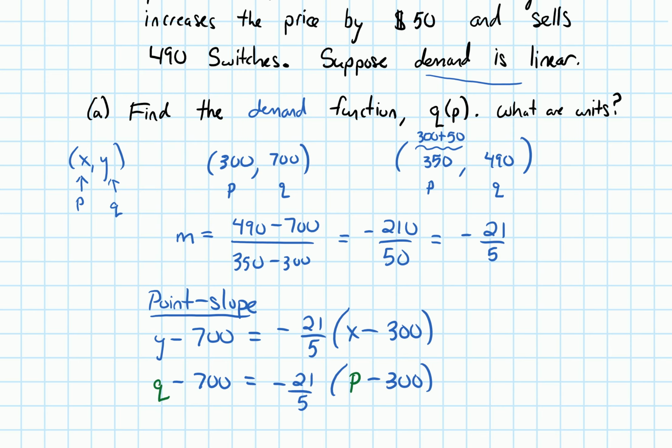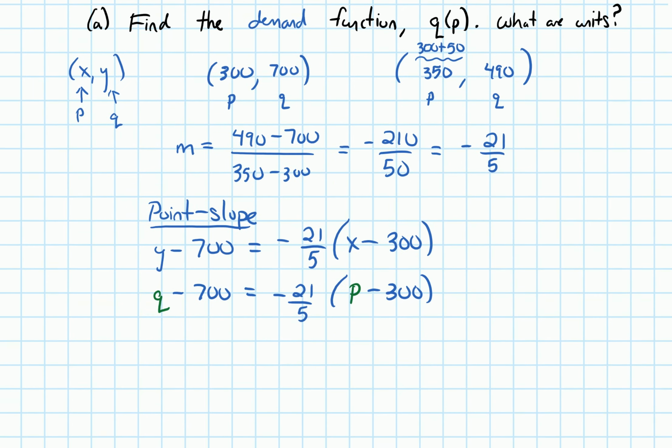All right, so this problem said define the demand function. The variable for demand is q, so I need to isolate q. I need to get q by itself. We have q minus 700. If we distribute negative 21 over 5 in, I get negative 21 over 5 times p.